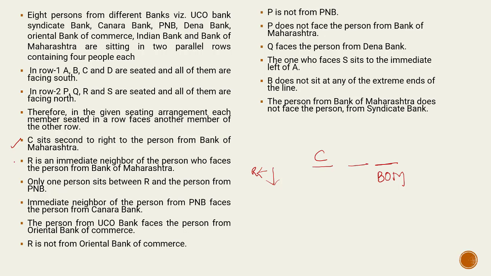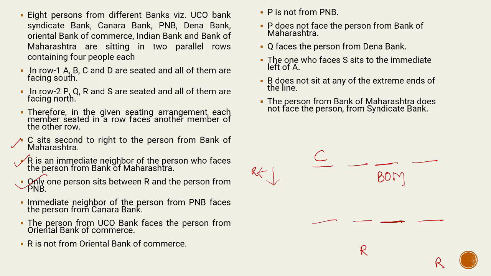R is an immediate neighbor of the person who faces the person from Bank of Maharashtra. So there would be someone who's facing the person from Bank of Maharashtra, and R is the neighbor of this particular person. Now this leads me to 2 possibilities: either R is here or R is here.